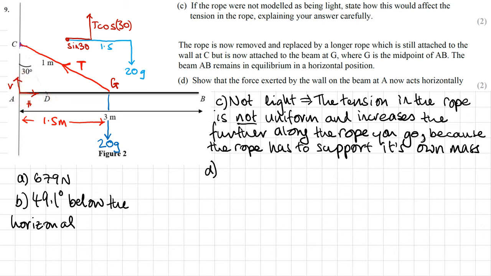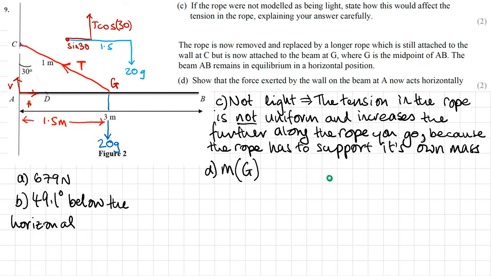How's that possible? Well, if we take moments about the point G, I'll show you in a diagram. This is the point G here, the midpoint of the beam. Let's draw it a little bit further across so you can see.